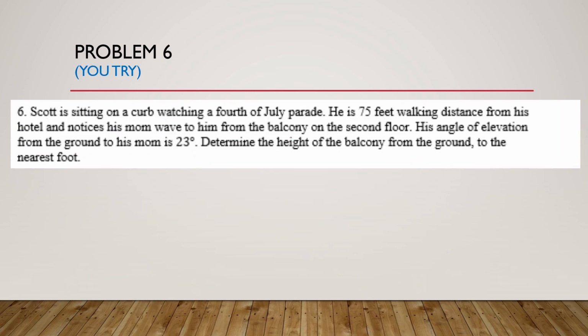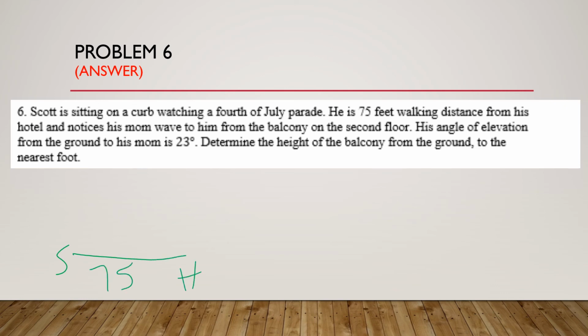So now we're going to look at number 6. Again, if you haven't done it yet, pause the video and come back when you're ready to go. Always best if we draw a picture first. So here we have Scott. He's sitting on the curb watching the 4th of July parade. He walks 75 feet.